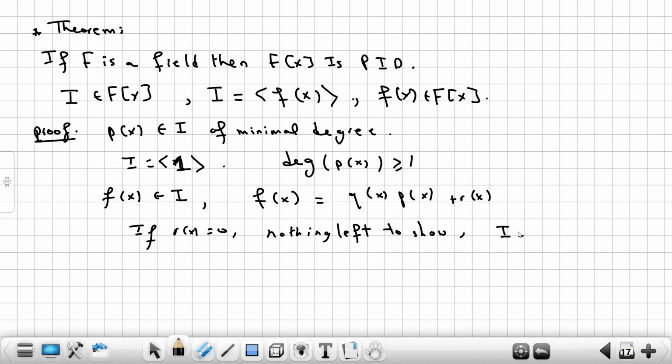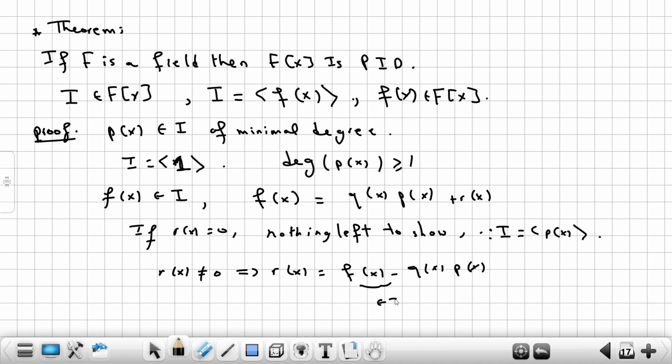We conclude that I is generated by p(x). If r(x) is not equal to 0, then r(x) equals f(x) minus q(x)p(x).